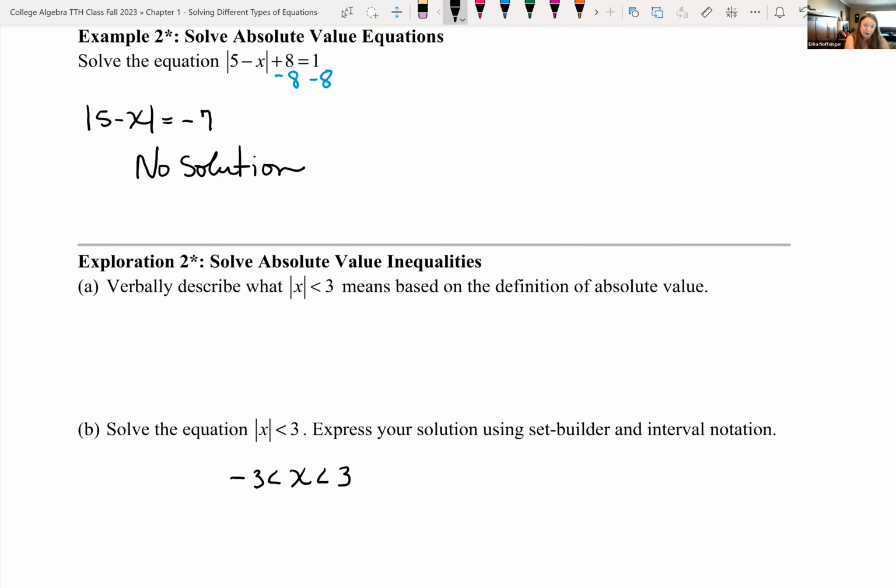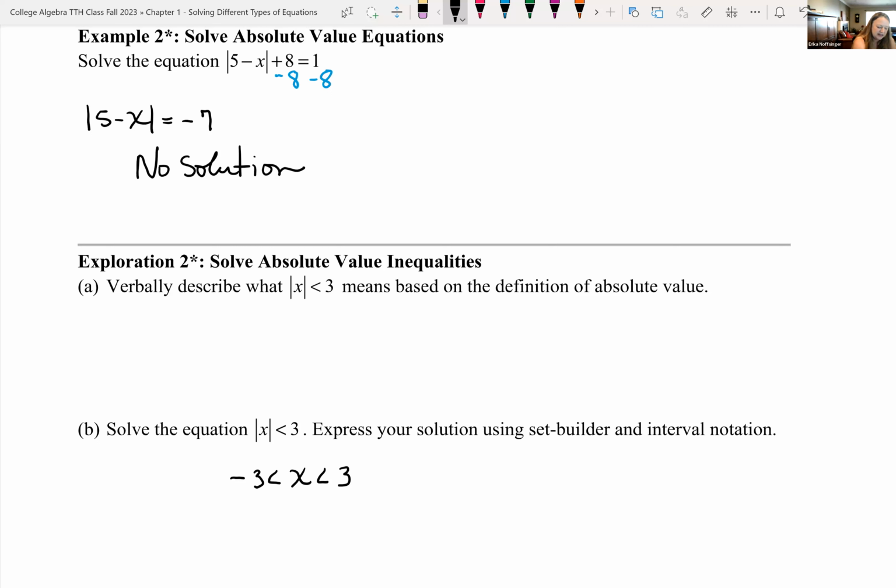Any number from -3 to 0, that is a distance of 3. And any number from 0 to 3, not including 3 or -3, that distance is also less than 3 to 0 on the number line.